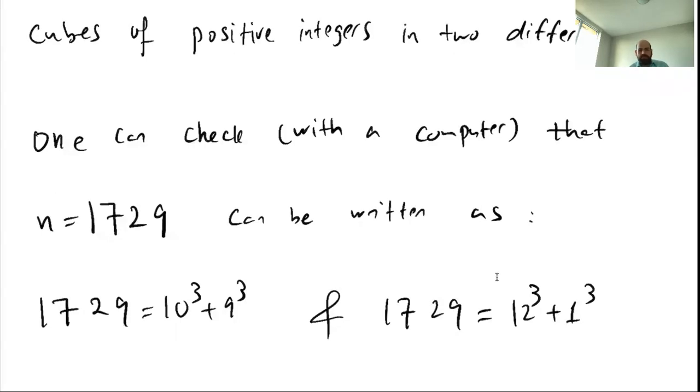So a sum of two cubes in two different ways. One time 10 cube plus 9 cube, another time 12 cube plus 1 cube. So we construct, of course, using a computer, but we still constructed an integer, the object of interest, in this case an integer that can be written as sum of two cubes in two different ways.